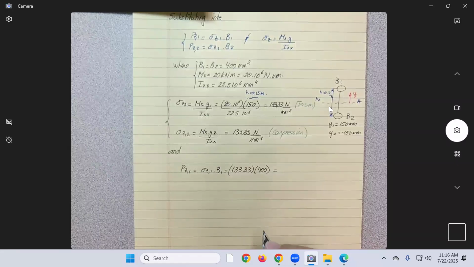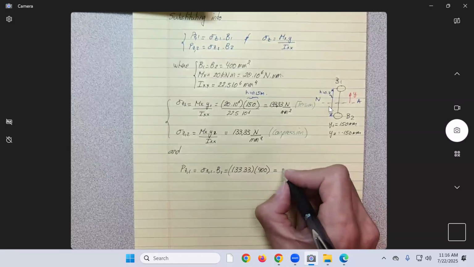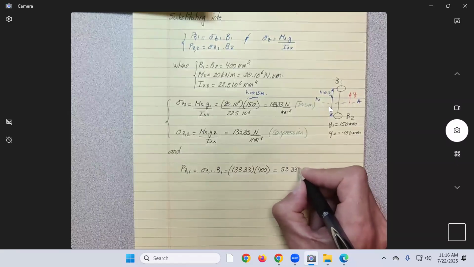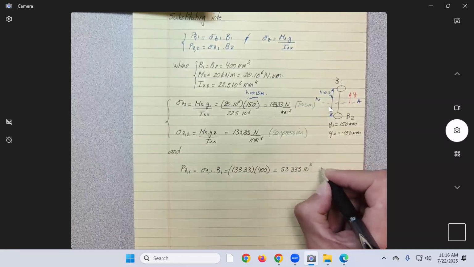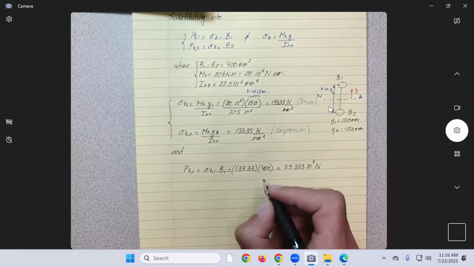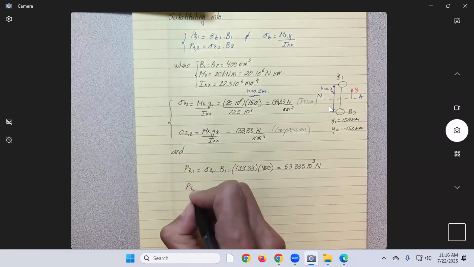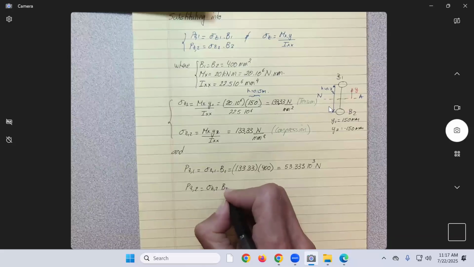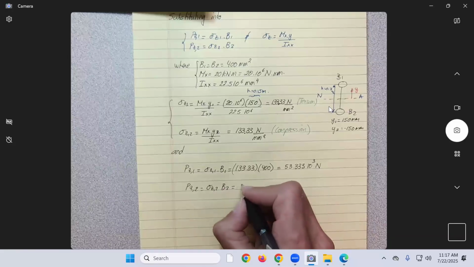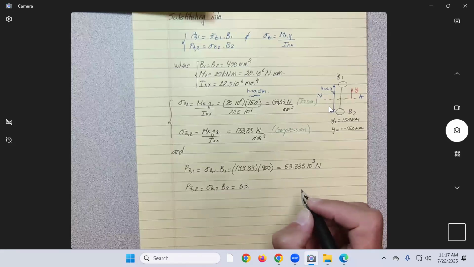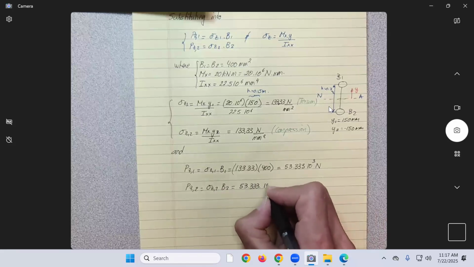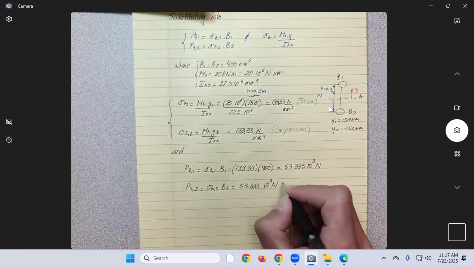This gives you PZ1 equal to 53.333 10 to the 3 newtons, and PZ2 will be equal to sigma Z2 times B2, which is 53.333 10 to the 3 newtons.